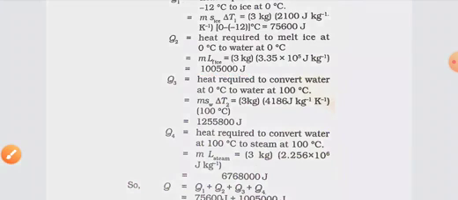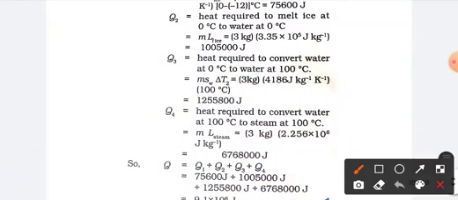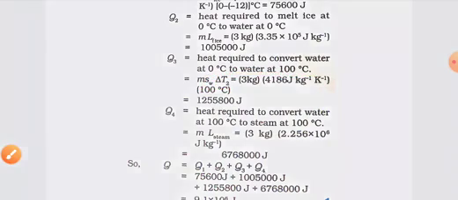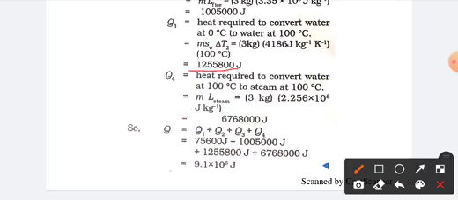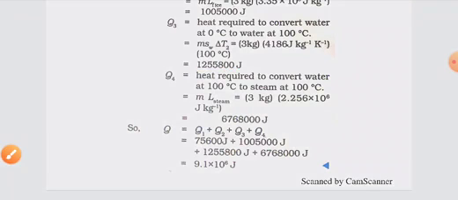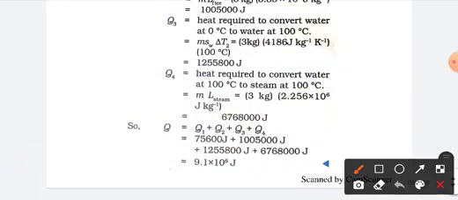Now again the heat we give will increase the temperature of water to 100 degrees Celsius. So this will be m s delta T. Now specific heat of water will be used, Sw, and this will be given by this much amount. Then again heat required to convert the water at 100 degrees Celsius to steam at 100 degrees Celsius.